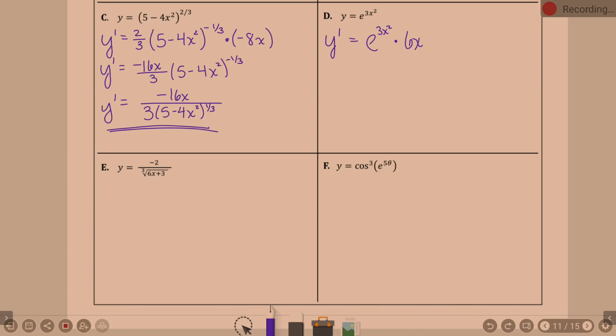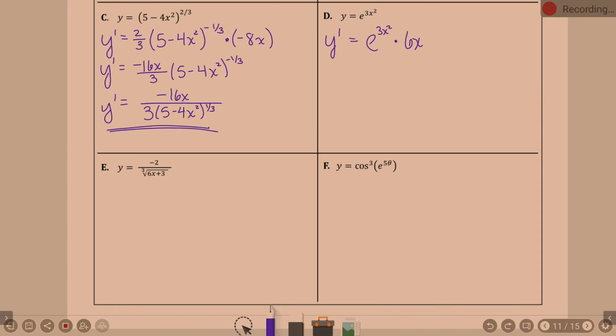It's the inside, yes. So e to some power is the outside, and then the power is the inside. Most of the time, there's going to be some sort of x on the inside.